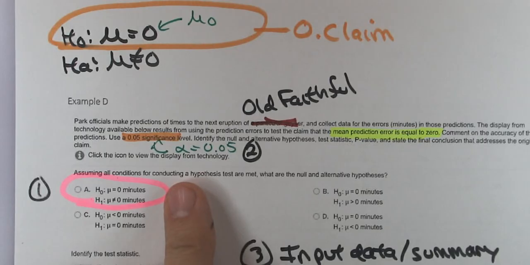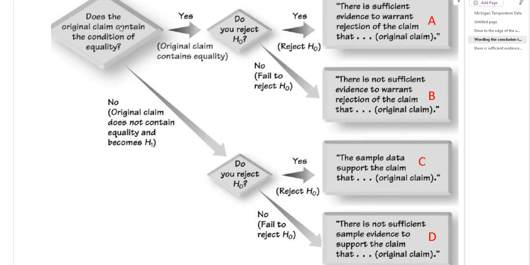Yes. So that means which way do we branch out of this box? Down and to the right or straight to the right? Straight to the right. Did we reject H naught? Yes. So which one are we going to conclude then? A. There you go. So there's how you start this. There's sufficient evidence to warrant rejection of the claim, and then just fill in the blank with the original claim. What does the original claim mean in words? So, all right, let's do that.